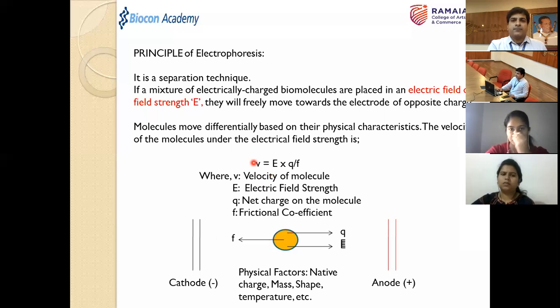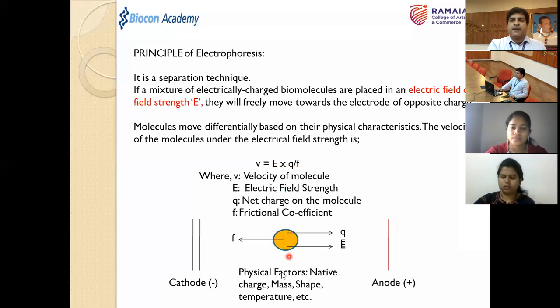The velocity of a molecule in an applied electric field depends on the net charge on the molecule and the frictional coefficient. The greater the frictional coefficient, the lower the velocity. It is an inverse relation, right? And the lower the frictional coefficient, the higher the velocity.